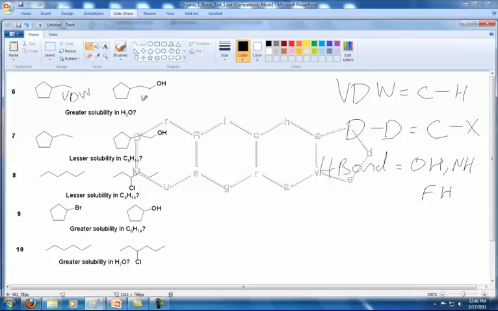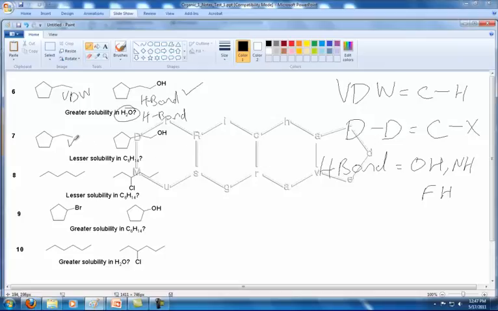We know that this one is hydrogen bonding. But we also need to know what the intermolecular force of the solvent is. Greater solubility in this is the solvent. Since that's water, that's going to be hydrogen bonding as well. What we're looking for here is the one that has the greatest compatibility with hydrogen bonding, and that's going to be this one, which is also hydrogen bonding. So this one is going to be the most soluble in water.